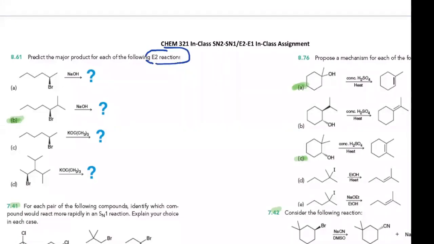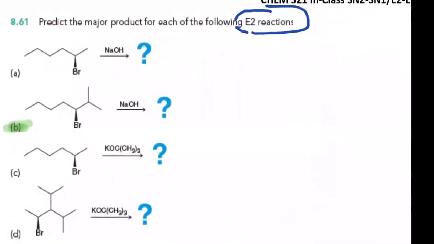Right, we're looking at an E2. So what do we know about the E2? Or let me say, what should we know? And what's the strategy for predicting the products? It's not asking for the mechanism.